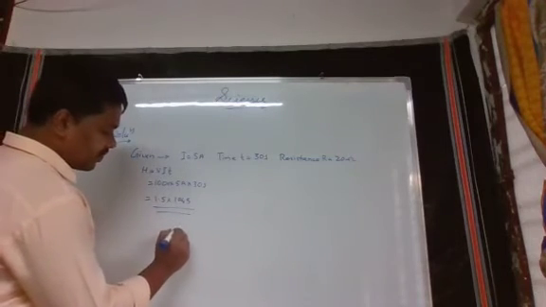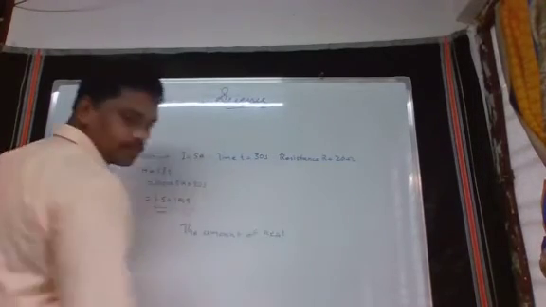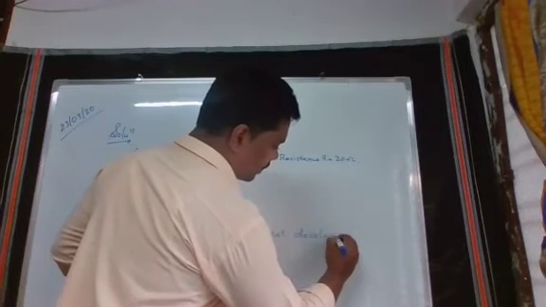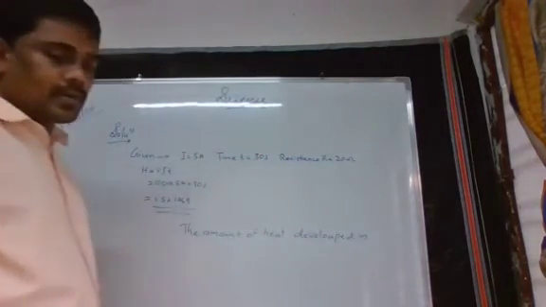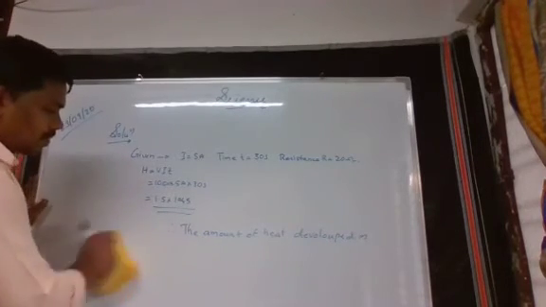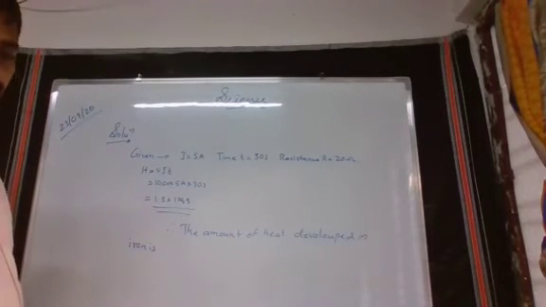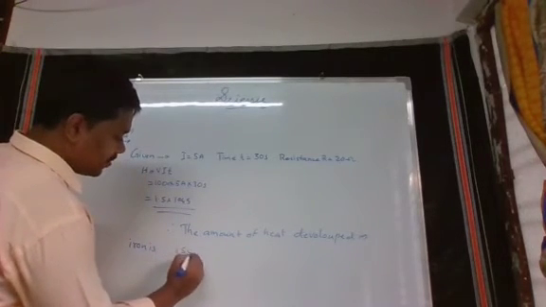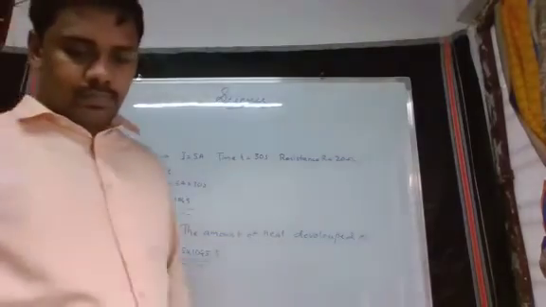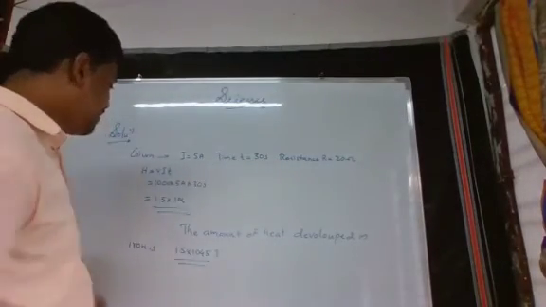Therefore, the amount of heat produced, heat developed in iron is 1.5 into 10 raised to 4 joule.